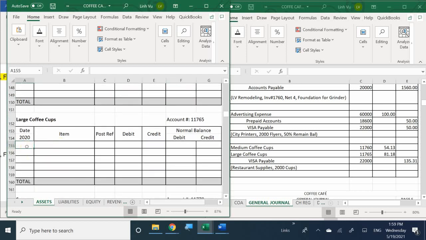And now I'm going to enter the same information down below for my large cups. So I purchased 1,000 cups. Post reference is still general journal number 4. And this time I'm going to be debiting my account for $81.18. Okay.